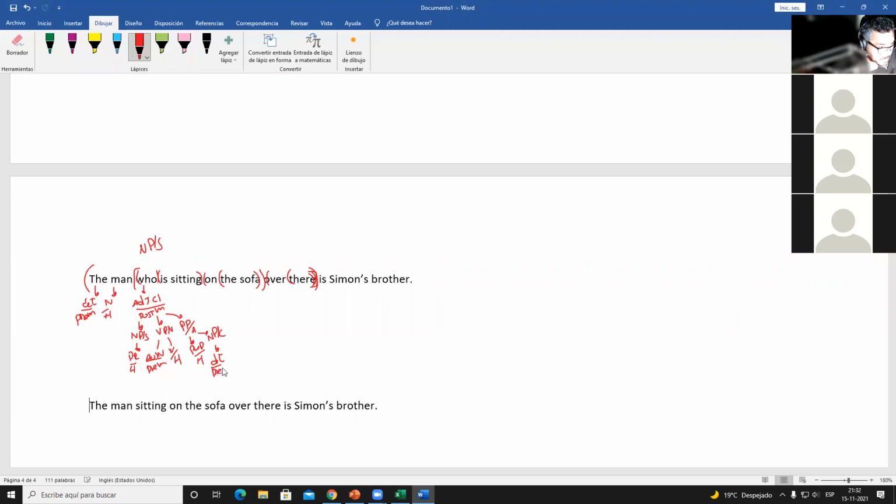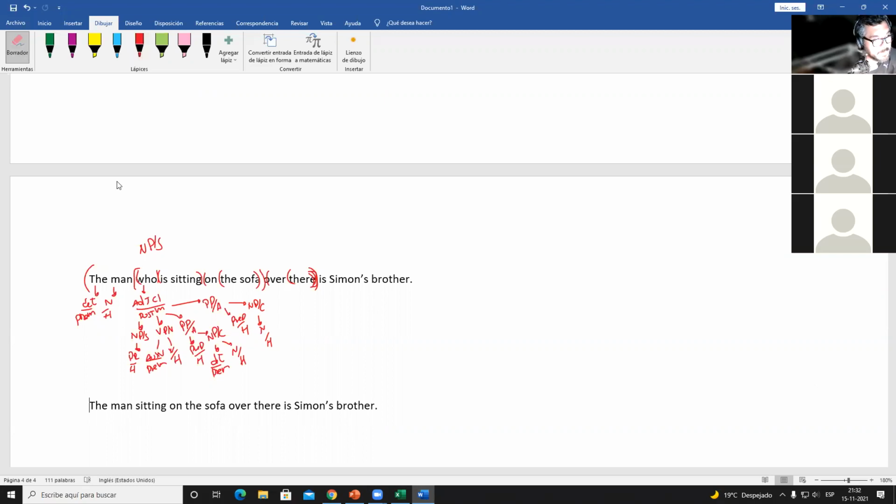The sofa. Where? Over there is another prepositional phrase, adverbial of place, with a preposition head, over, and the noun phrase complement, noun head, there. There can also be a pronoun.